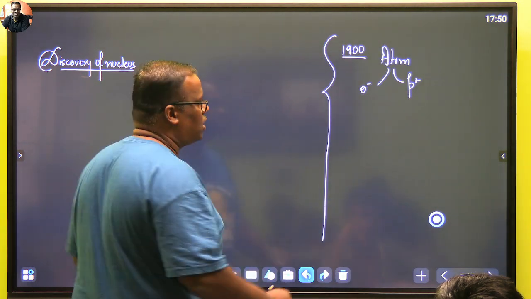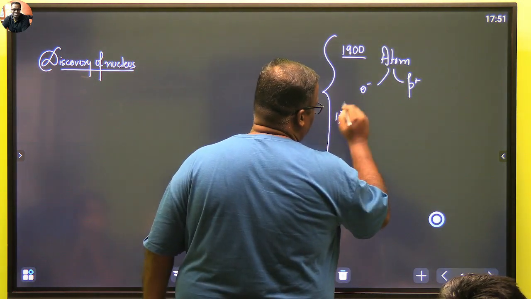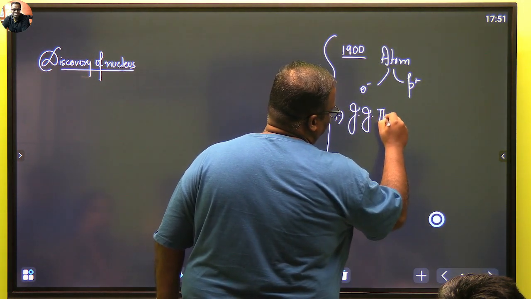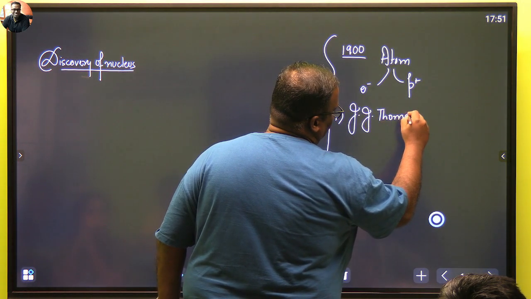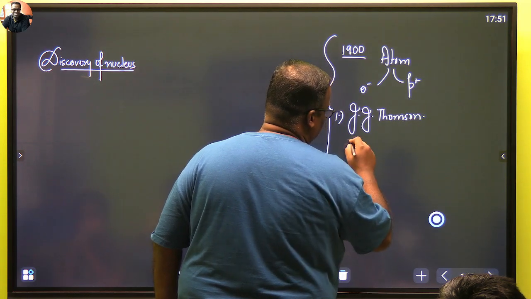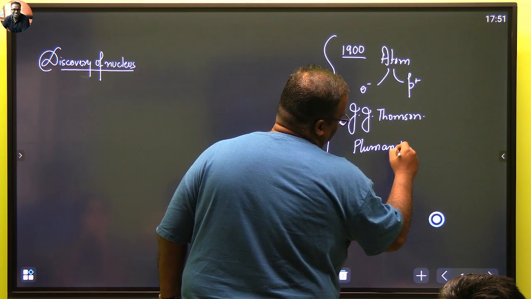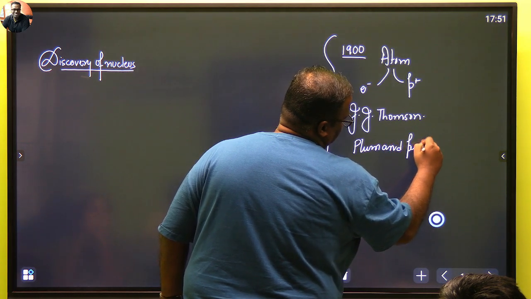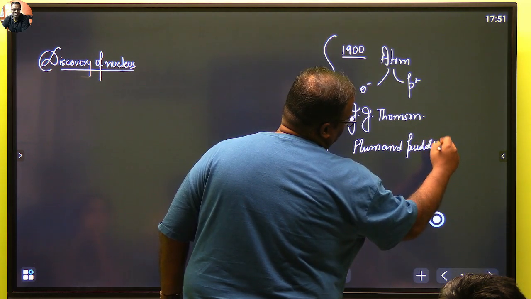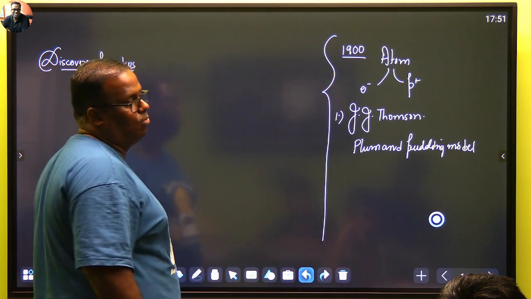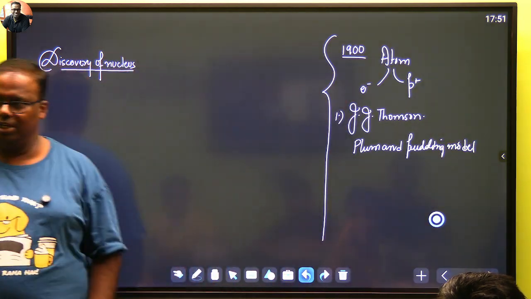So the first structure of the atom, given at this time, was given by J.J. Thomson, and this model is known as the plum and pudding model. We first have to understand what the plum and pudding model of an atom is.